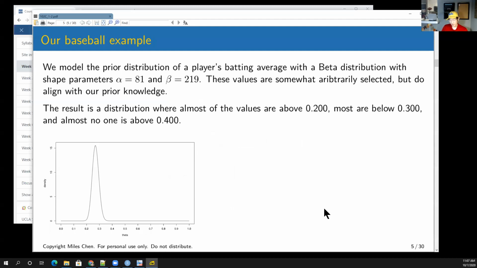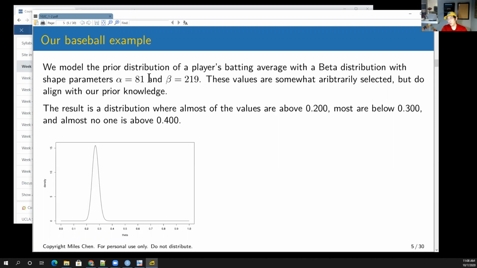Most players are going to have a batting average under 0.3, and no one is going to have a batting average over 0.4. I arbitrarily picked these numbers, 81 and 219, but the resulting distribution aligns with our prior knowledge.